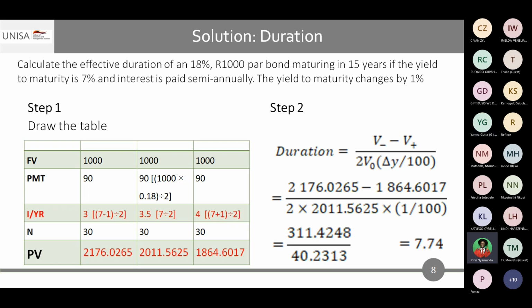If they say it changes by 1%, so if it increases, it goes from 7% plus 1, that 1%, divided by 2, because it has increased. Or the yield to maturity reduces by 1%. So 7% there, minus 1. Remember, minus 1. Then divide by 2 because it's semi-annual. Lisbeth wants to explain the change in yield. Maybe Mr. Matsuma can explain it differently.